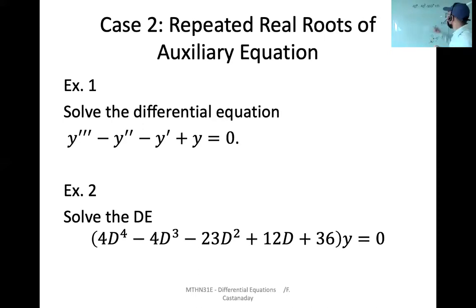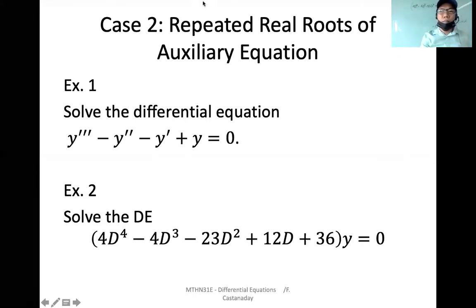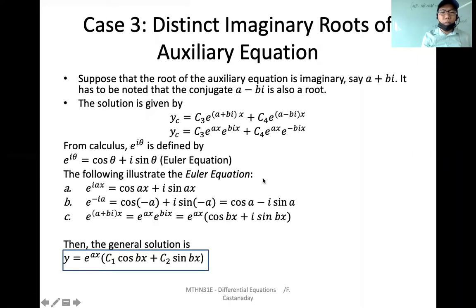Okay. Ayan, kasi may ano na pala dito. Ayan, Euler equation.